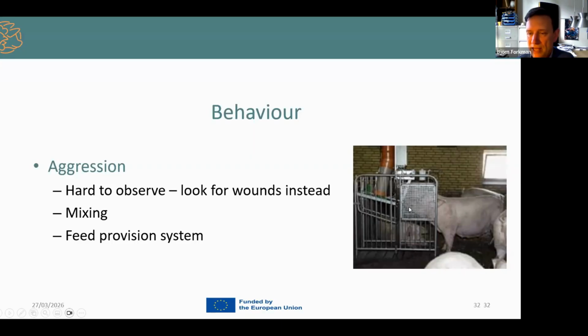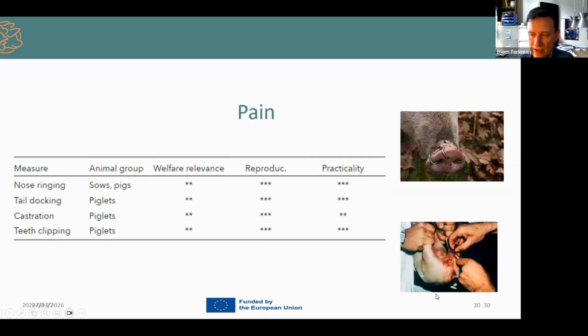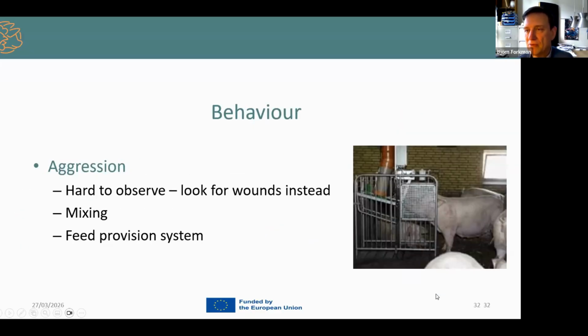There's 1 sow here standing feeding, and the sows around her will try to move her away to get access to the feeder. This is an extremely poor system. If you're using electronic sow feeding, it should be a system where the sow enters and no other sow can get at her, so she's fully protected while feeding.